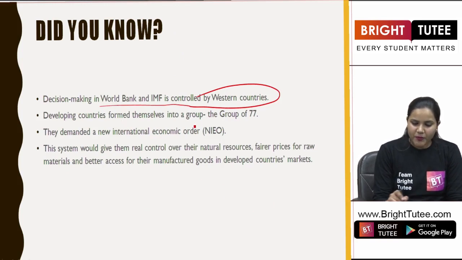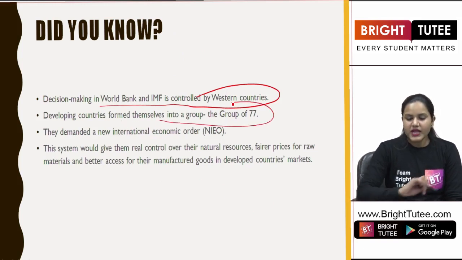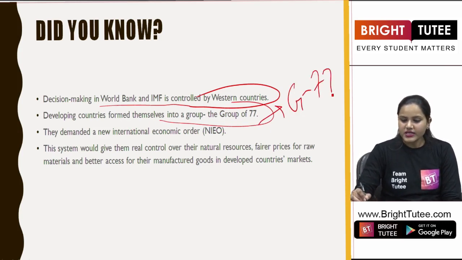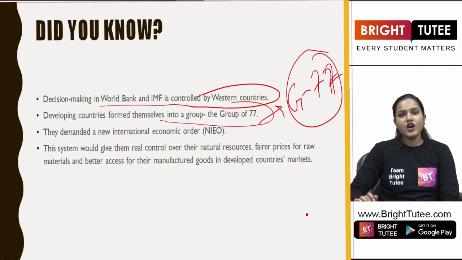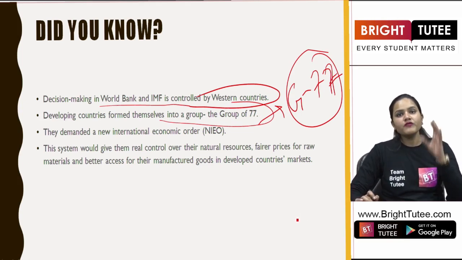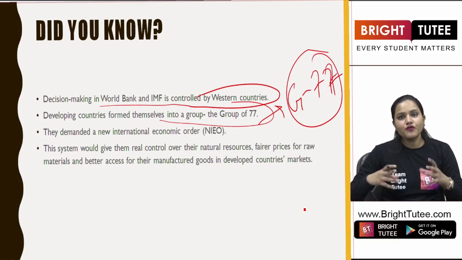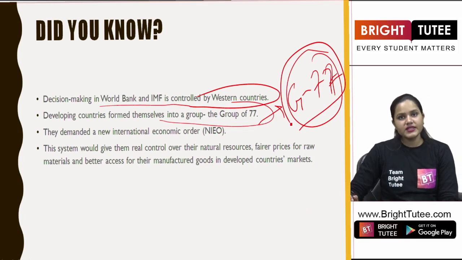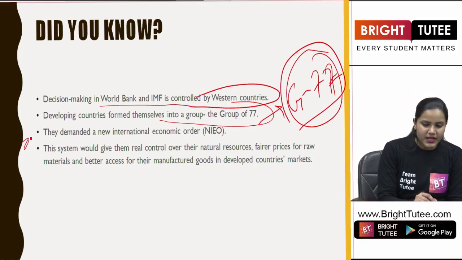Developing countries formed themselves into a group of 77, which is popularly known as G77. Originally, the group of 77 countries came together to form this association, which was known as G77. And what was their main demand?